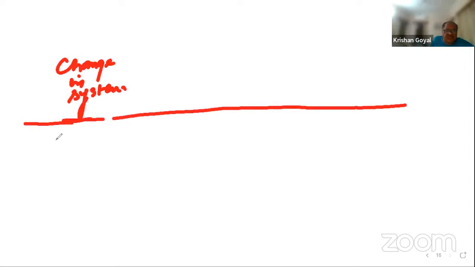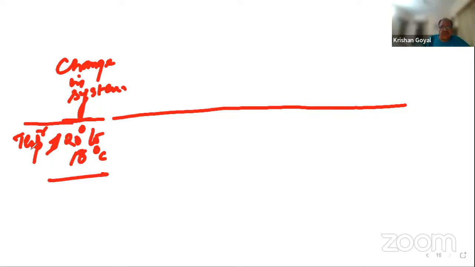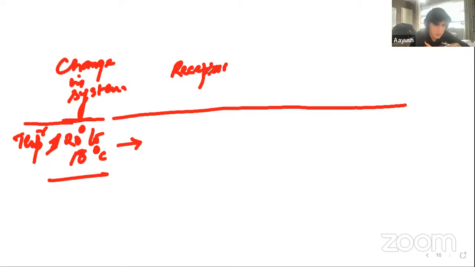Suppose that temperature falls from 20 degrees to 18 degrees centigrade. This room temperature falls from 20 degrees to 18 degrees centigrade. Now this information will go to the receptors.